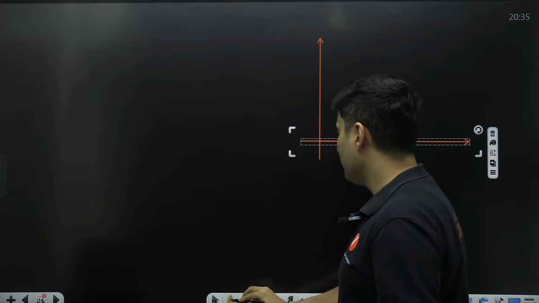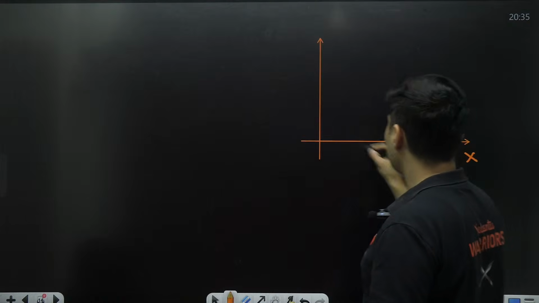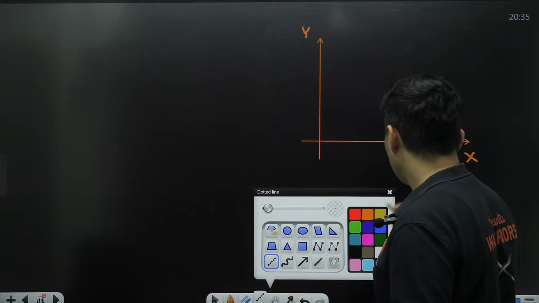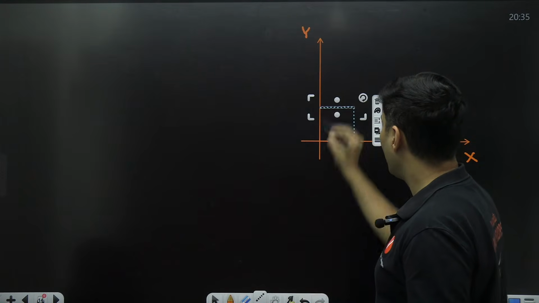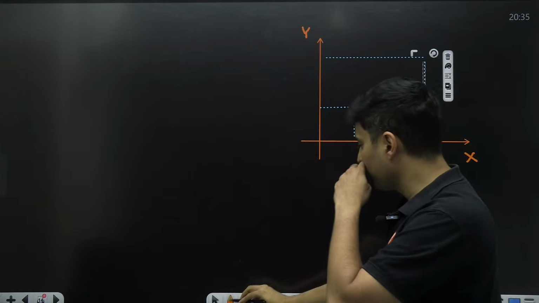Imagine this. This is your x-axis. This is your y-axis. Say, for example, there is some freezing point over here, and then there is a boiling point over here. Usually these two things will be given.